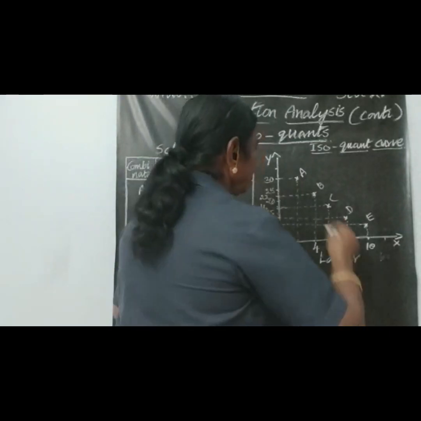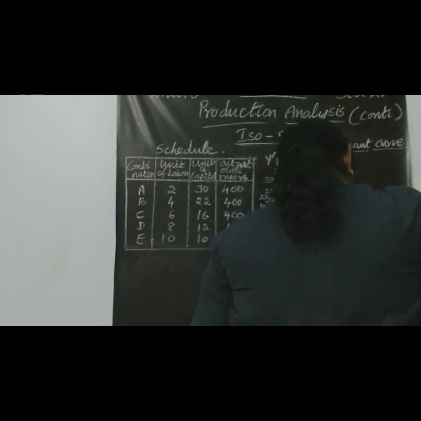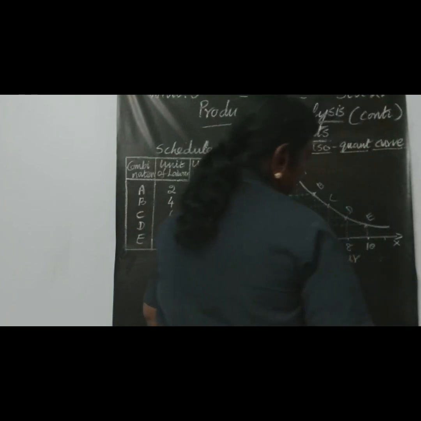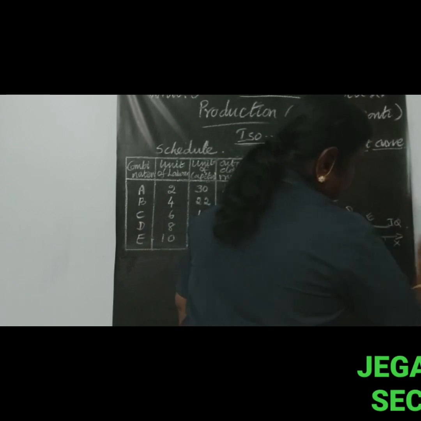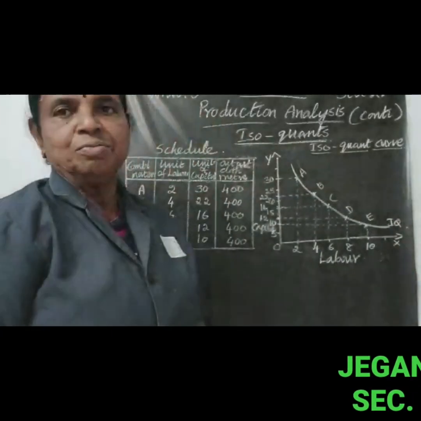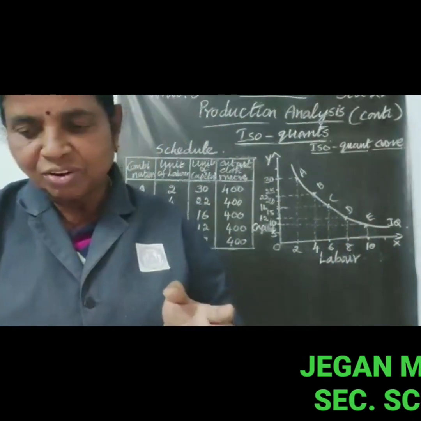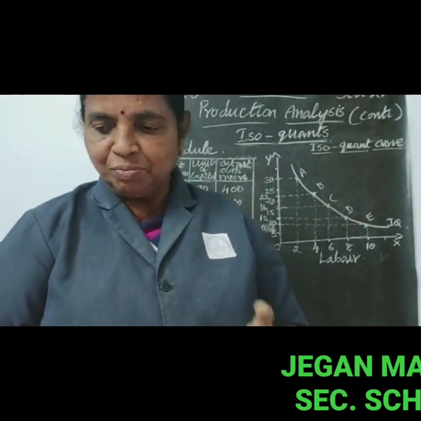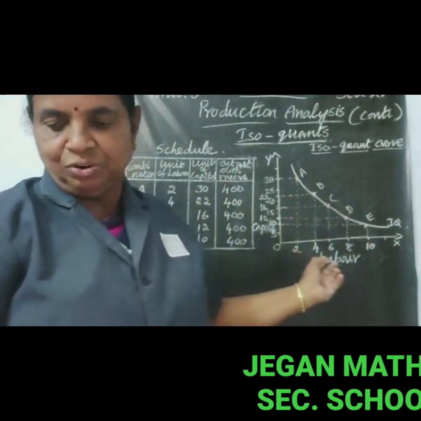Now you can draw the isoquant curve. The isoquant curve just comes down like this. So this is the isoquant curve. Remember, an isoquant or product curve can be drawn with the help of the isoquant schedule.